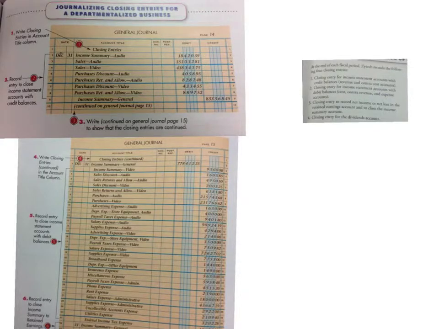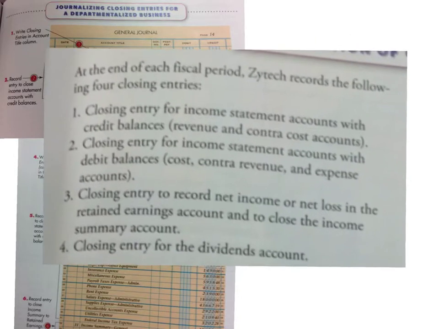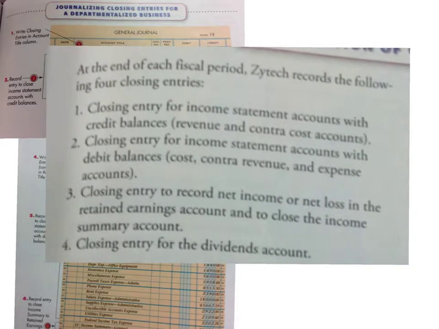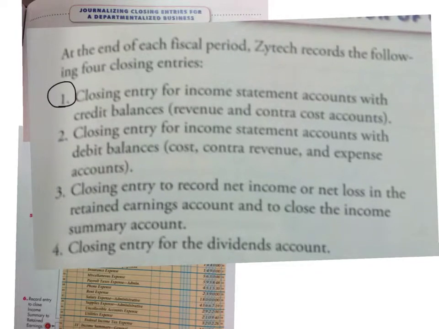Alright, as far as closing entries go, we have 4 main closing entries. Okay, and these haven't changed. There's just more accounts that are going to be used now. So number 1, the first closing entry then is all income statement accounts with credit balances. Now, anything on our income statement with a credit balance is going to be a revenue, so sales, and contra cost accounts.